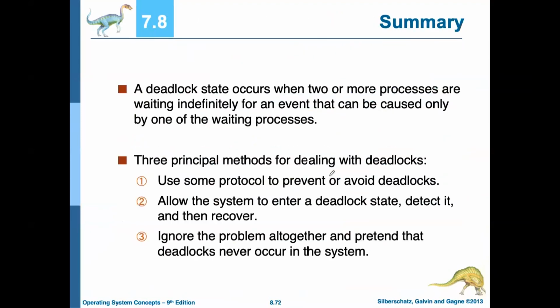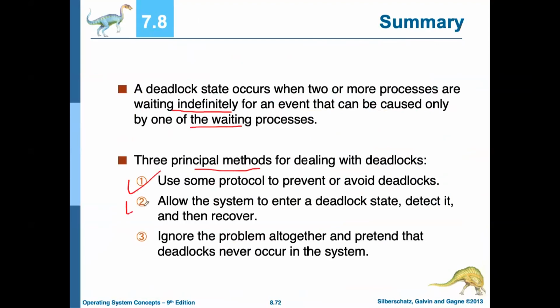So a deadlock state occurs when two or more processes are waiting indefinitely for an event that can be caused only by one of the waiting processes. There are three principal methods for dealing with deadlocks. First, use some protocol to prevent or avoid deadlocks.